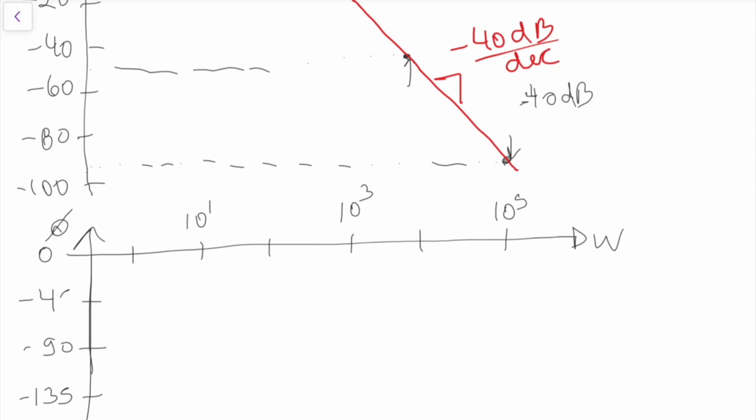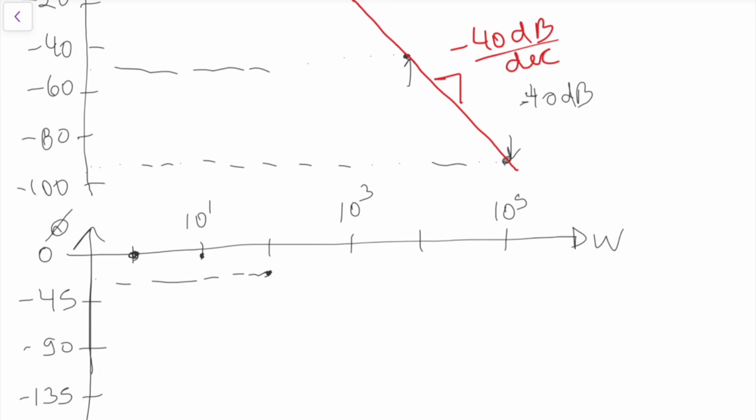Here's minus 45. So for 10 to the 0, it's basically 0. So it's up here. 10 to the 1, it's minus 2. So it's almost 0 here. For 10 to the 2, it's minus 21, so it's something around here.